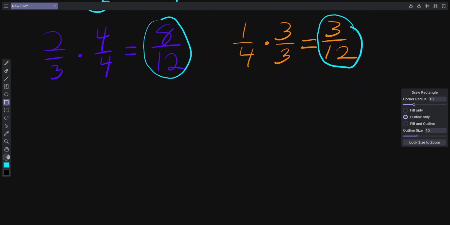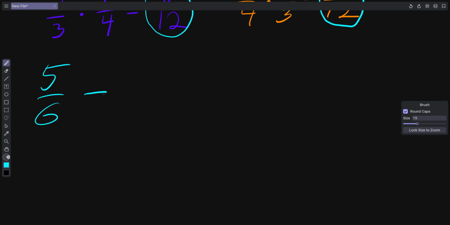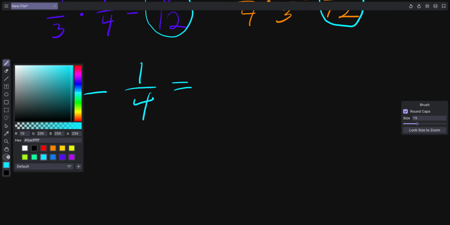The same process applies to subtraction. Let's say we had 5/6 and we wanted to subtract 1/4 from it. We would do something very similar. We would want to get the same denominator, and we would do this by multiplication. If we multiply 6 by 2 and 4 by 3, that would also give us 12.